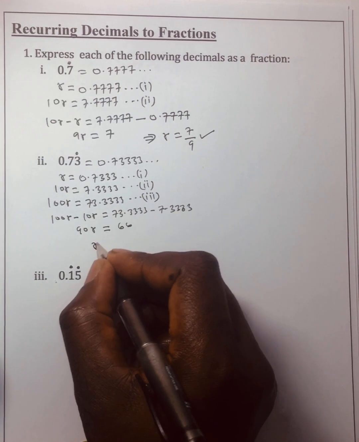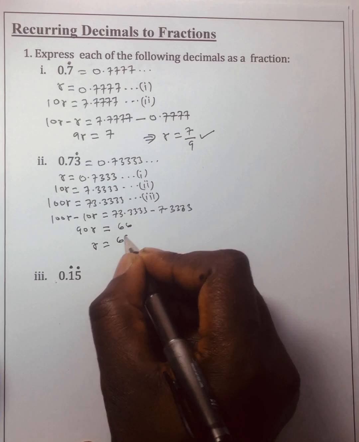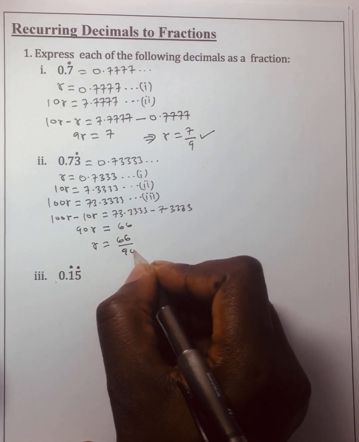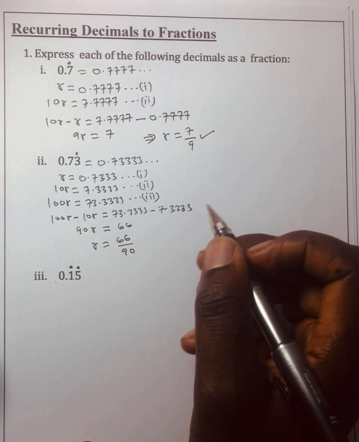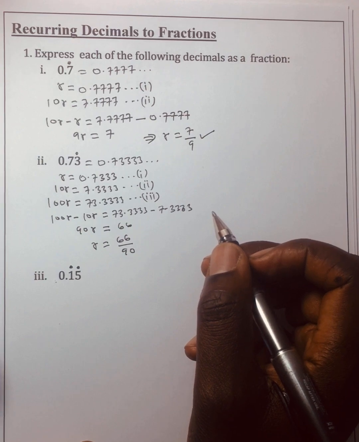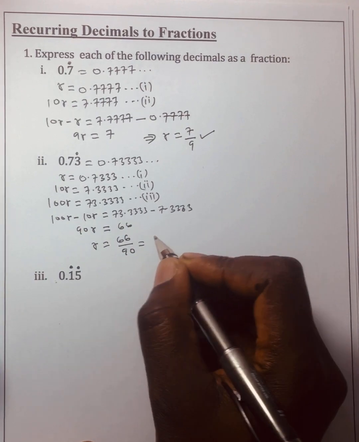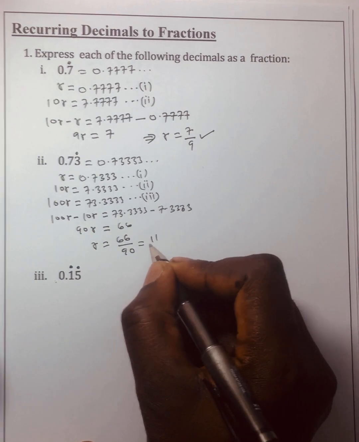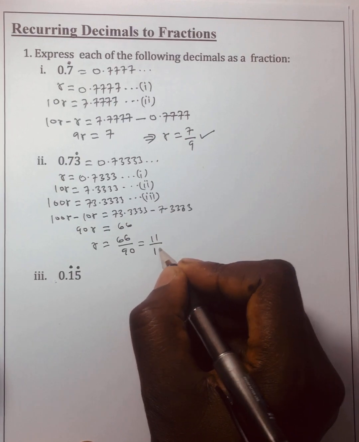So it means that r is going to be equal to 66 over 90. And if you simplify that, that is 11 over 15.